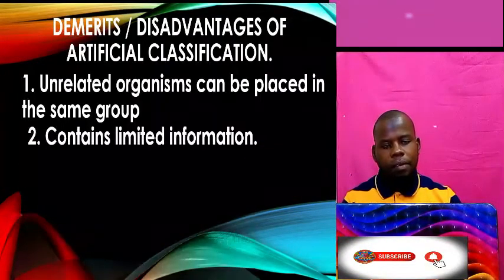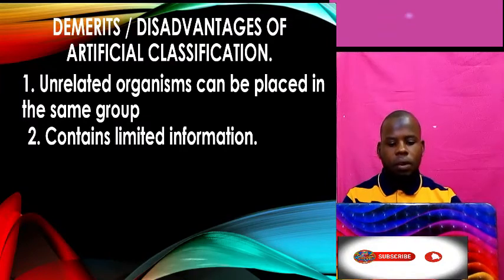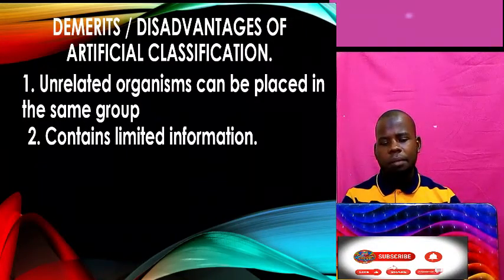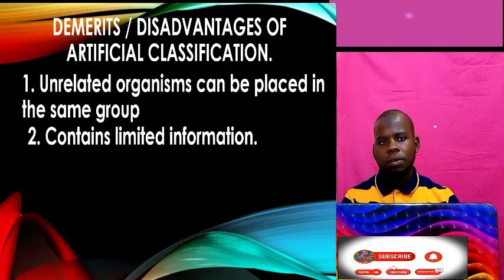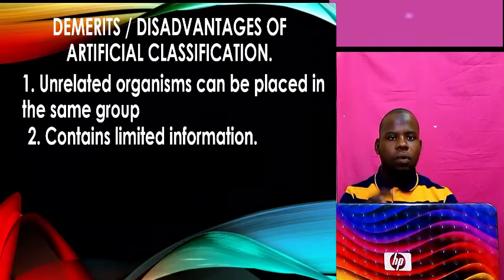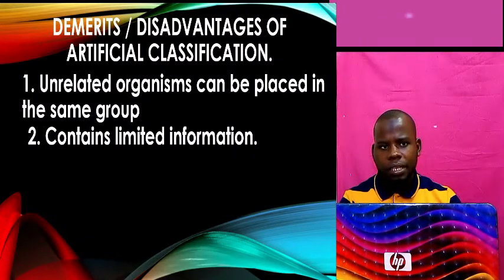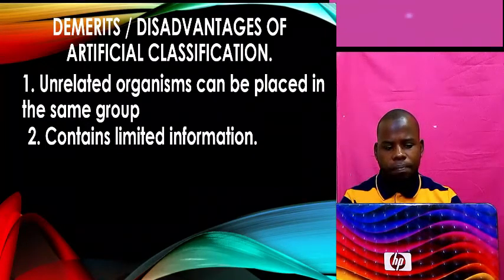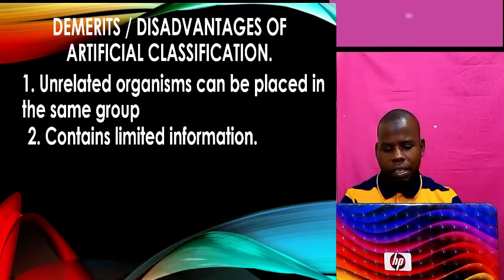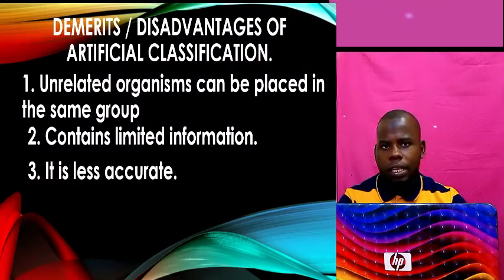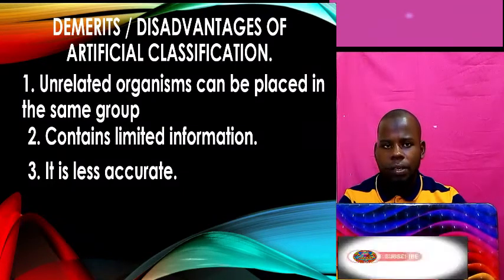Number two, it contains limited information. When you say these are birds because they have wings, that is limited, no discussion, no need of research. Number three, it is less accurate. There is no accuracy, no truth in such.